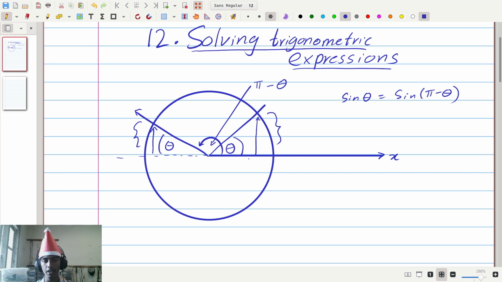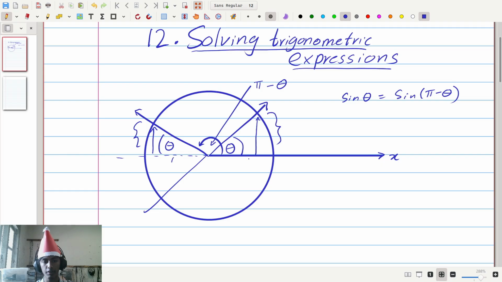And if we keep rotating and trying different directions, we will see no other direction works out for it without going a full 360 degrees around the circle. Only this direction here, which I've marked as the first one, this theta direction, and the 180 degrees or pi radians minus theta are the two that give the same sine theta value.